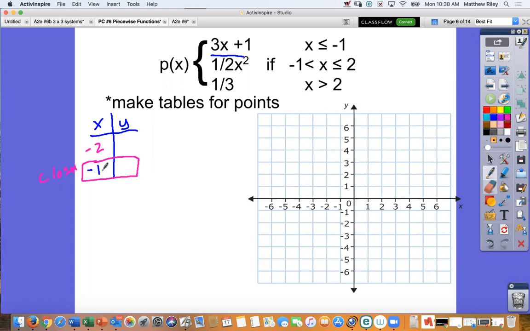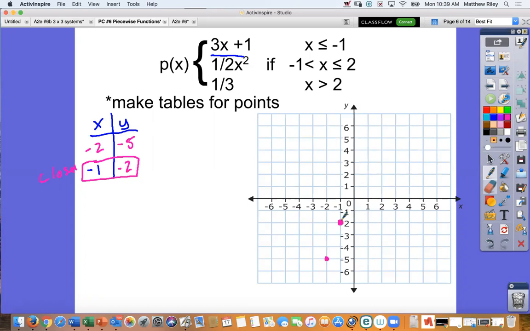Now let's just plug these in. When x is -1, 3 times -1 is -3 plus 1 is -2. That's closed. When I plug in -2, 3 times -2 is -6 plus 1 is -5.